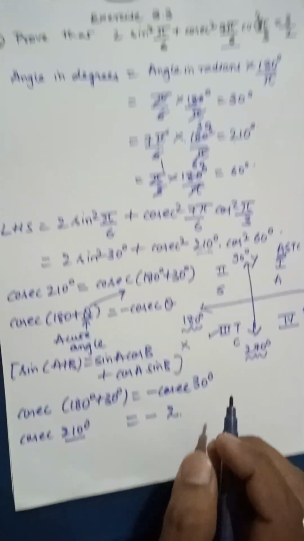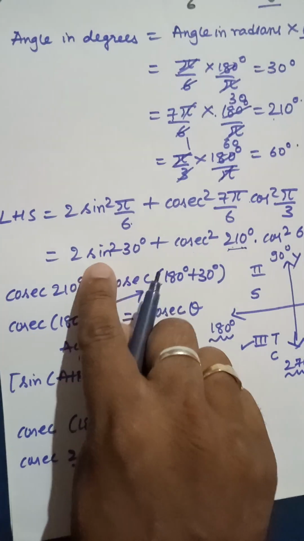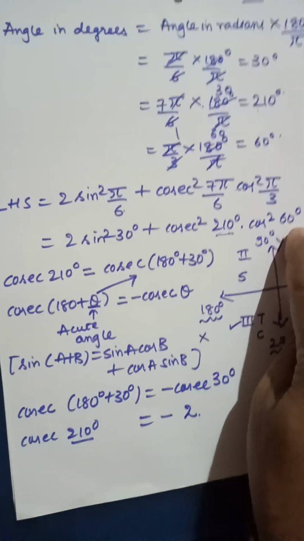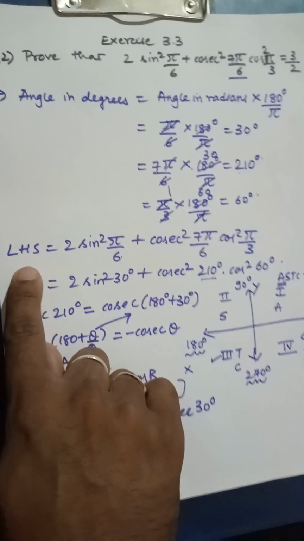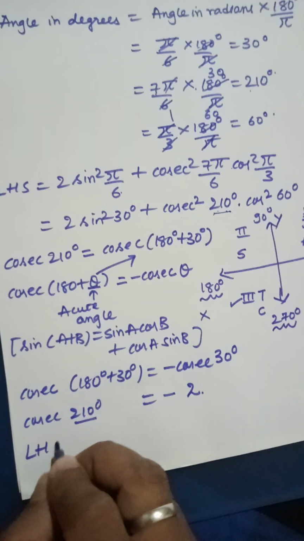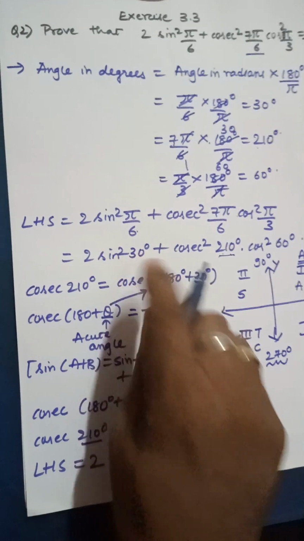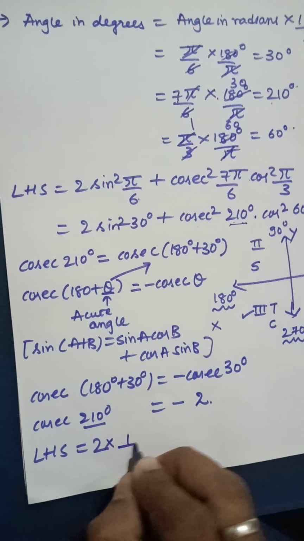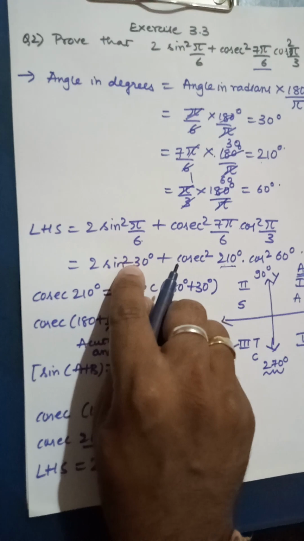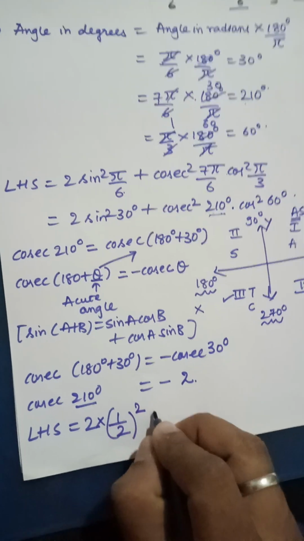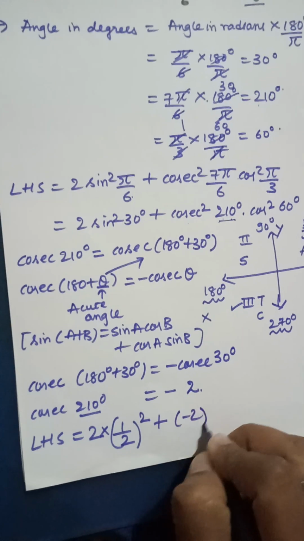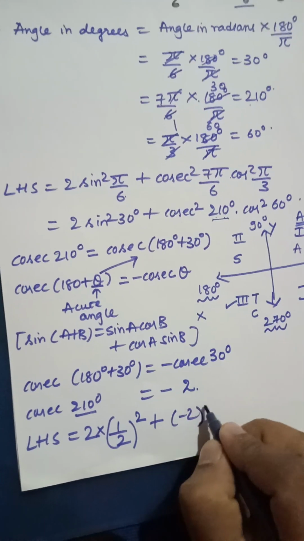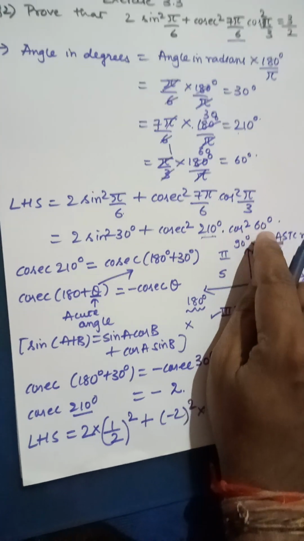Now we know the values of trigonometric ratios of all these angles. Now we can substitute the values and prove that this LHS is equal to 3 by 2. So again, let's consider the LHS. 2 sine square 30. Sine 30 is 1 by 2, but it has to be squared here. So that's why square, plus cosecant 210 is minus 2, but we have to square here, so I'll square it, into cos square 60 degrees.